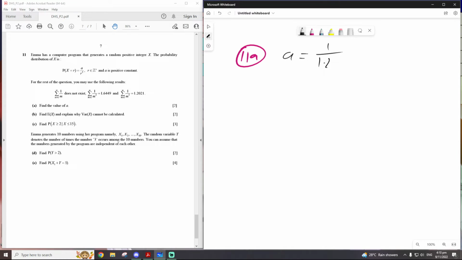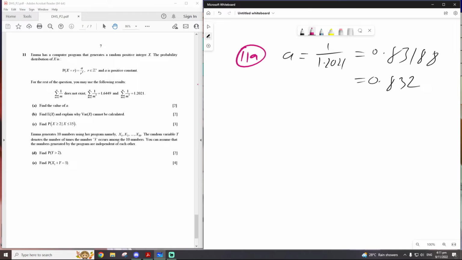So 1.2021. And you'll get 0.83188, which is 0.832. But we'll keep the value of 0.83188 for later.